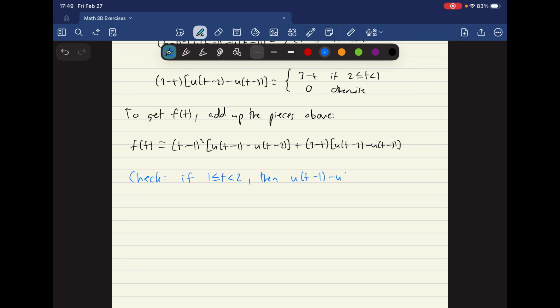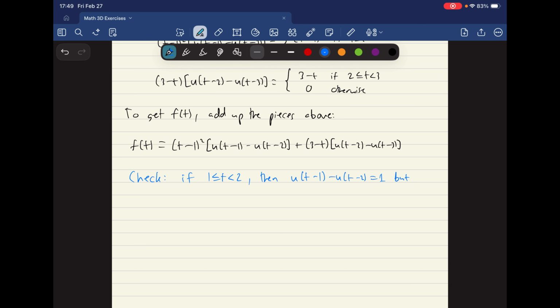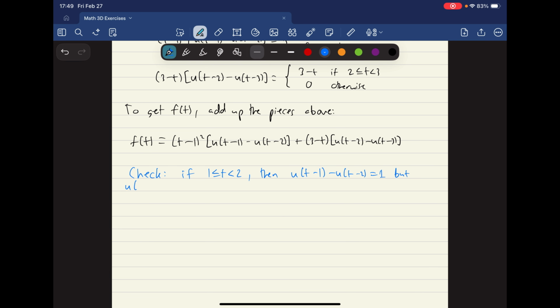So this part is 1, sorry, not 0. But on the other hand, this part is going to be 0, because if t is in this interval, then t is less than 2. So t cannot be in this interval where t is bigger than or equal to 2. So this gives me u of t minus 2 minus u of t minus 3 equals 0.